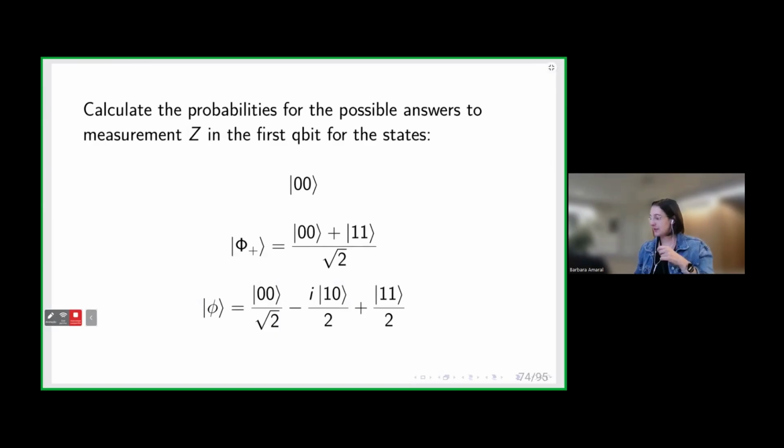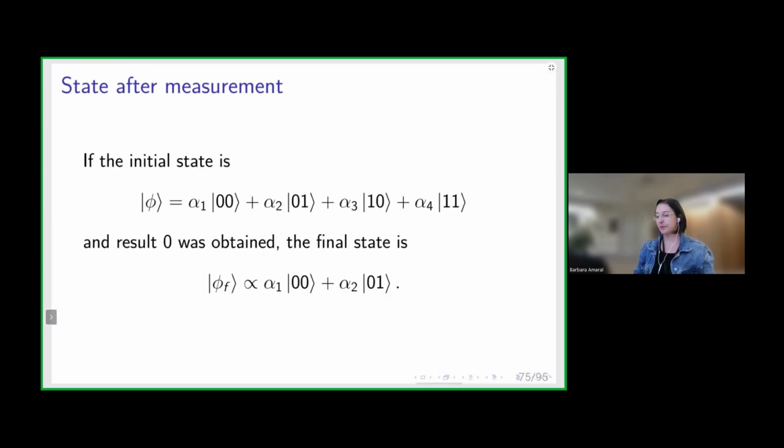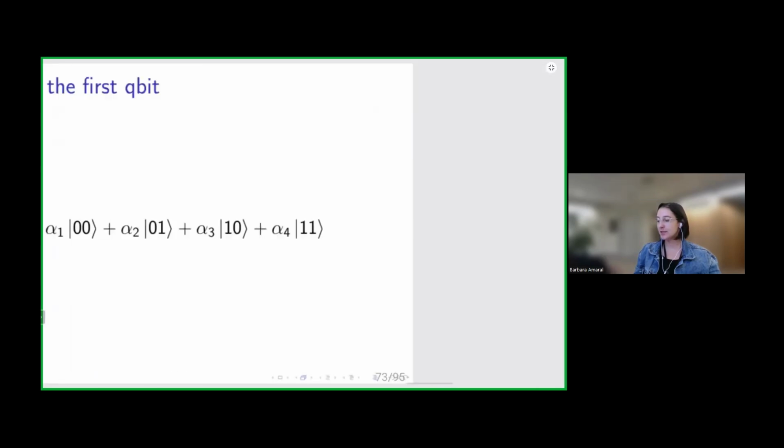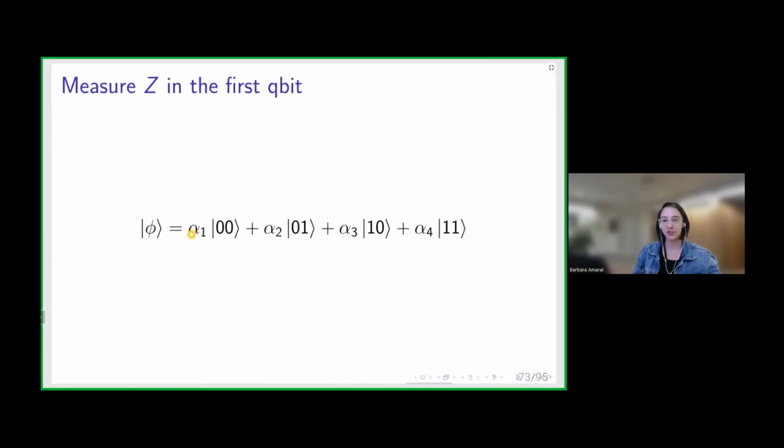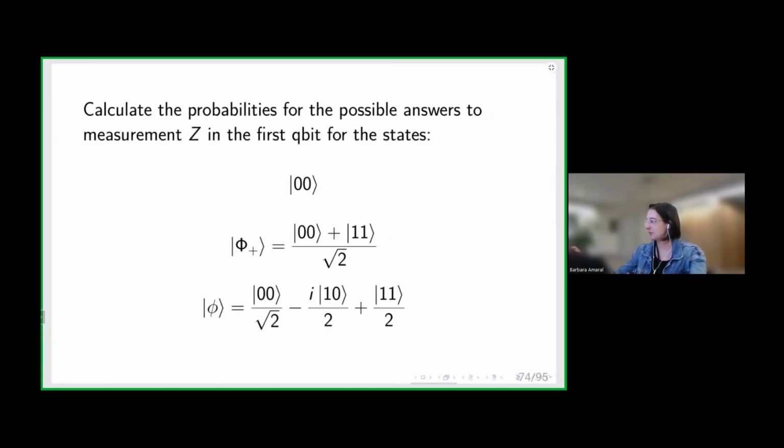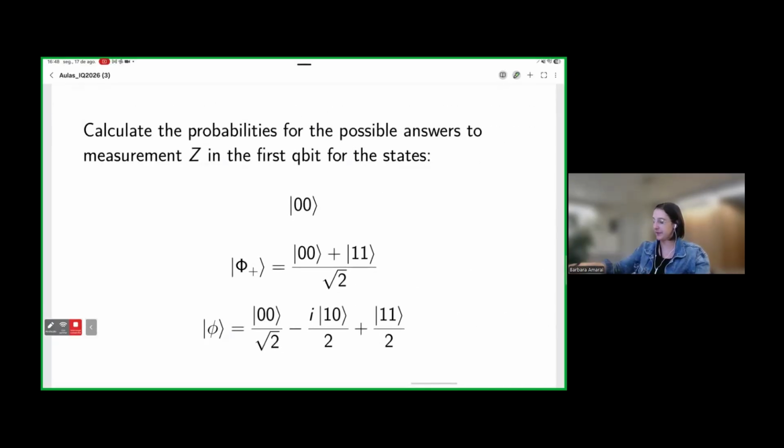I will do some of the examples, but not this one. The important thing here is that before, the probabilities were just looking at one of these coefficients. Now, since we have two elements of the basis corresponding to one outcome, the probability will be the sum of two coefficients. So I'll better do the example just to make it clear.